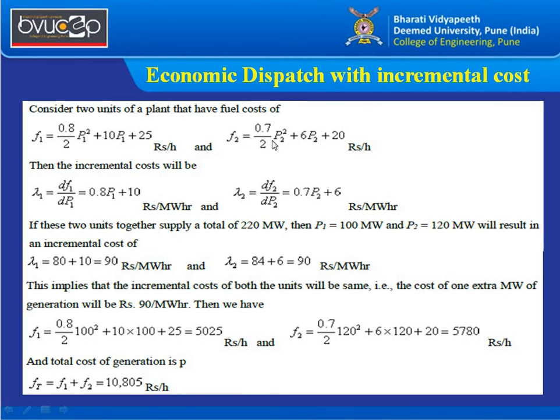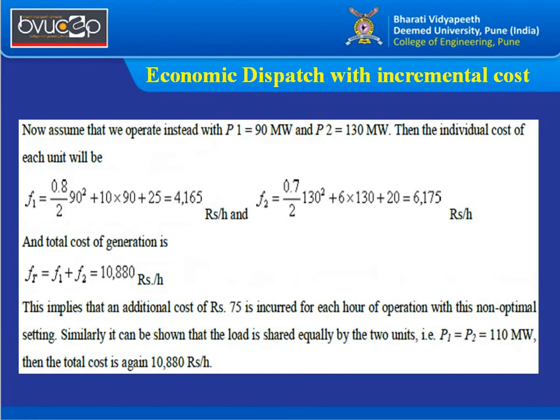So for this particular quadratic cost function, if there are two generating units, the total cost will be 10,805 rupees per hour. So this is how to calculate the cost of the generation when the cost is given, the power is known, the demand is known, and with the help of incremental rate we can calculate the total cost which is required for the generation.